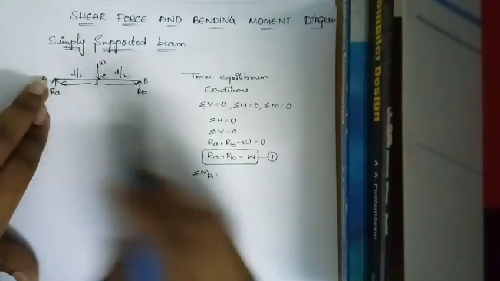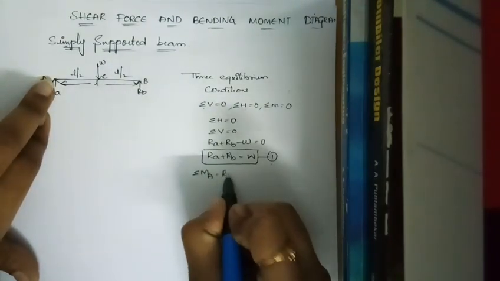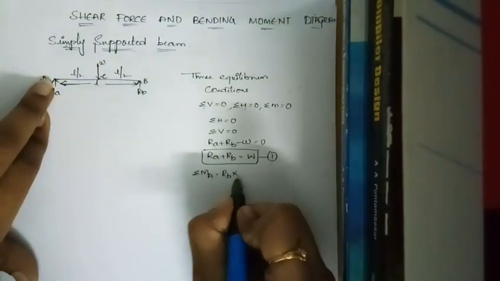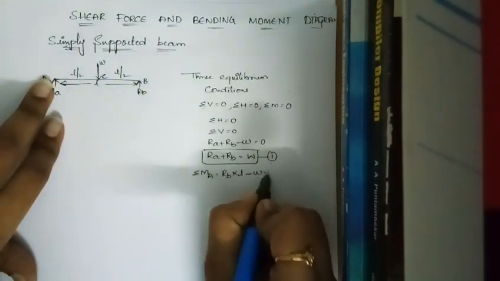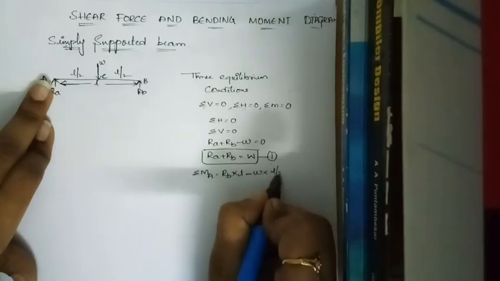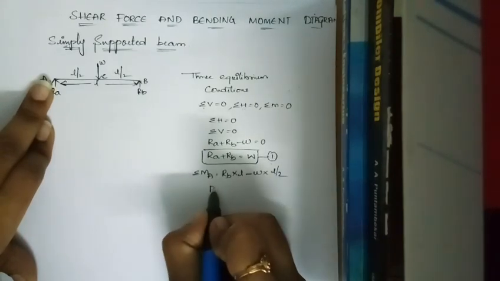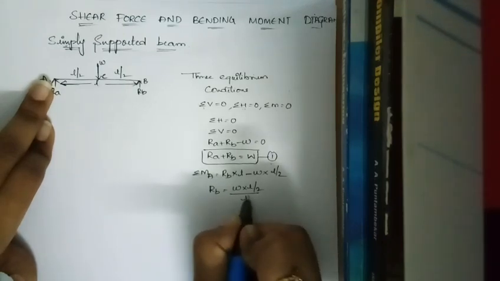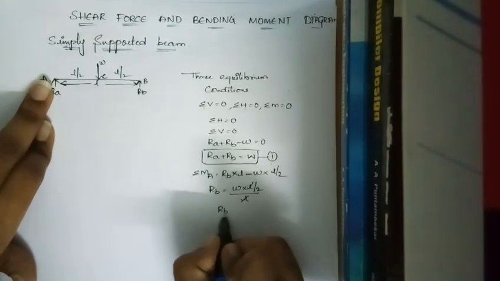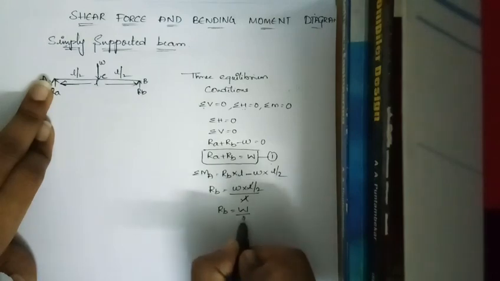Take moment about this point. So RB, force into perpendicular distance L, minus W into L by 2. We get RB is equal to W into L by 2 by L. RB is equal to W by 2.